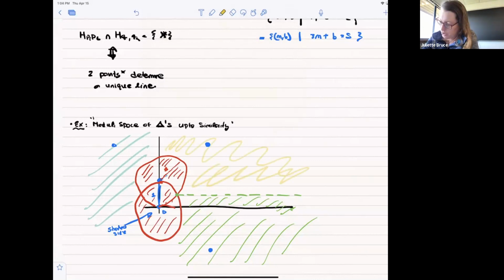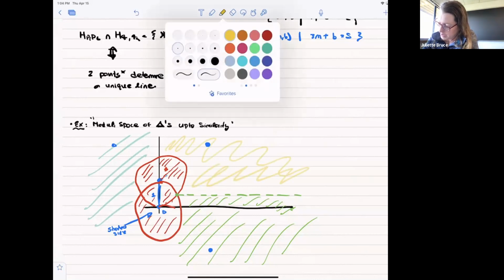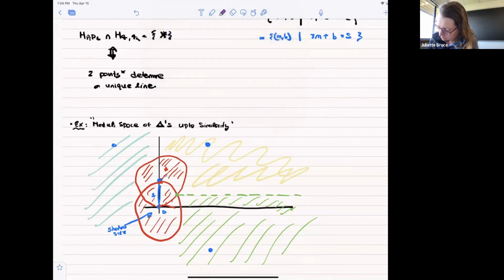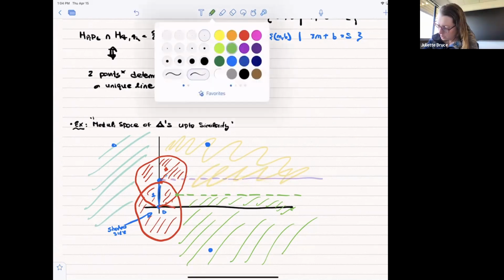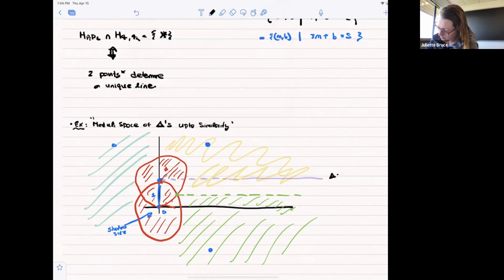So, for example, here's a fun line in my space. This pink line now represents all of the right triangles, because if I take a point on the pink line, I get a right triangle. So this pink line is right triangles.